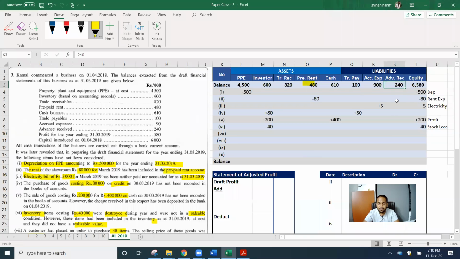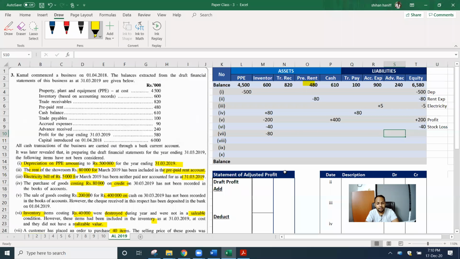Here you can see advance received is 240. So 240 received for the total goods, that's the total sales price, and only 80,000 worth of goods were sold. So stock will reduce by 80. What is the selling price of this 80?